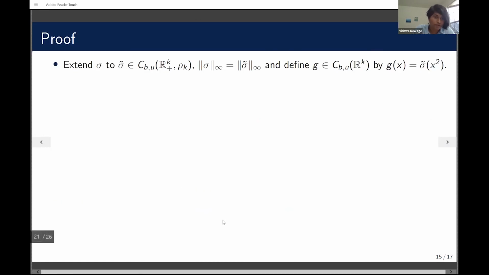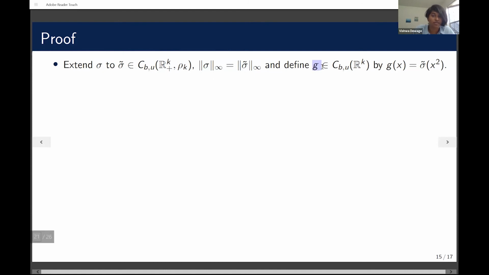Now we follow 3 steps. The first step, we extend sigma to CBU on R plus K. So sigma is on N naught k, but we extend it to R plus K, preserving the sup norm of sigma.